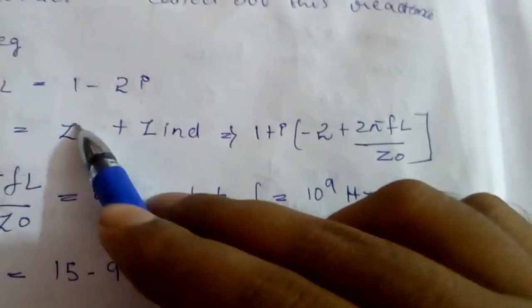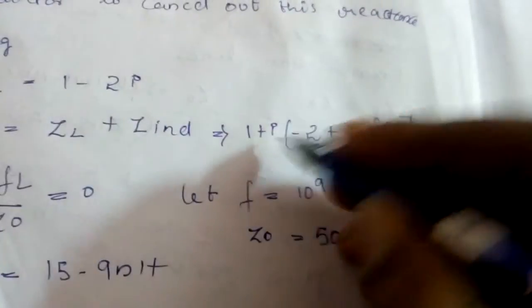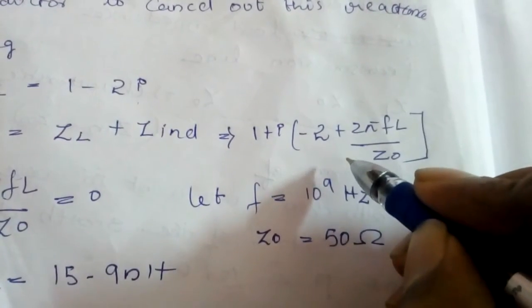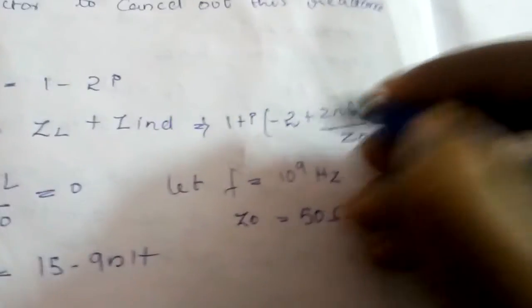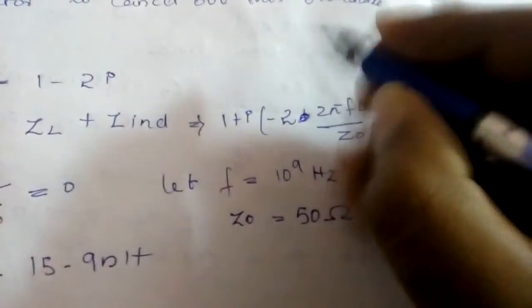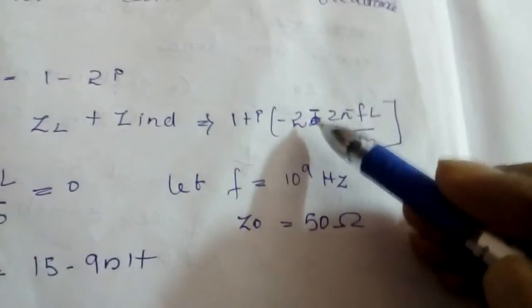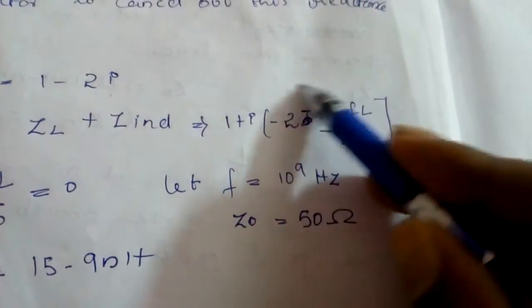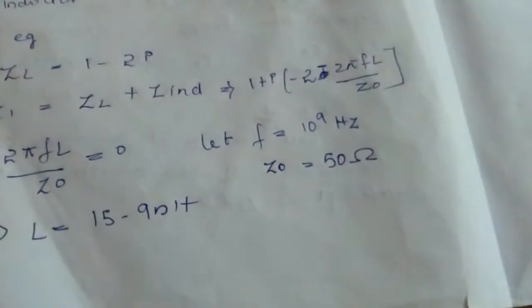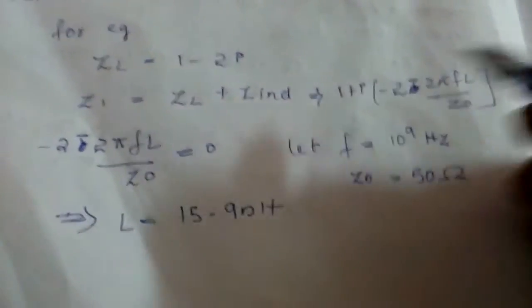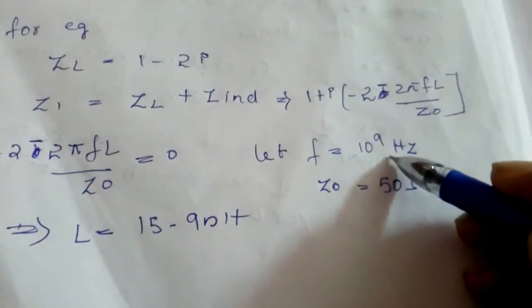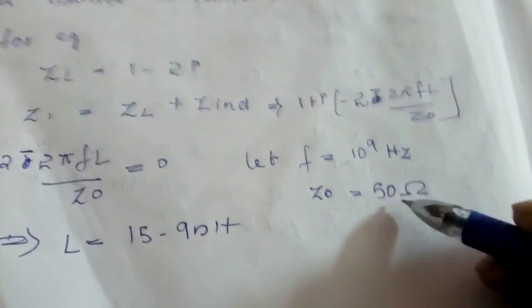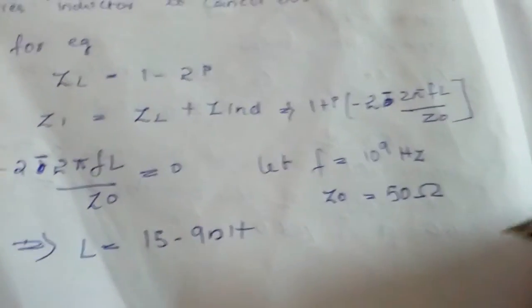So we add the term to 1 minus 2j, and equate the reactive part to 0. Let f equal 10 to the power 9 hertz, and Z0 is 50 ohm, as usual in coaxial cables.